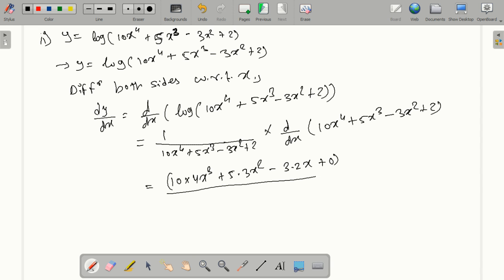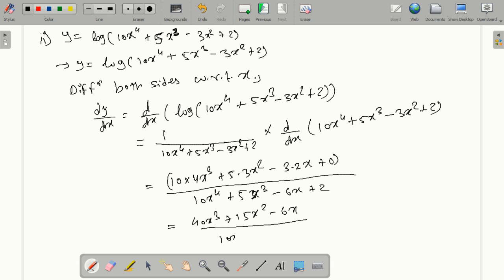This is the derivative upon 10x raised to 4 plus 5x cube minus 6x plus 2. The final answer would be 40x cube plus 15x square minus 6x upon 10x raised to 4 plus 5x cube minus 6x plus 2.